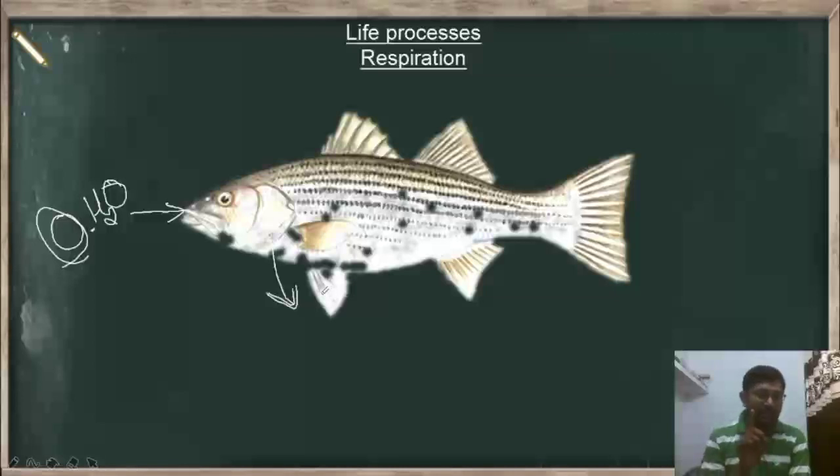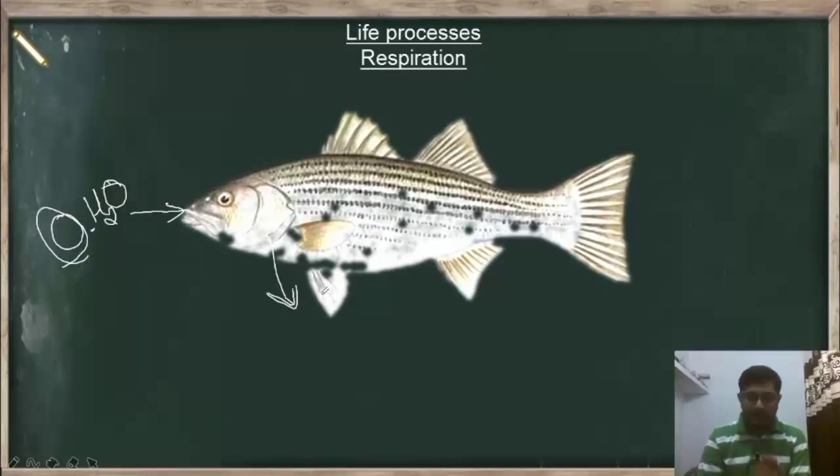As you can see in any videos of fishes, continuously they open and close the mouth because the rate of respiration is somewhat fast in fishes. The reason is that the amount of dissolved oxygen is less, and to get a high amount of oxygen they must increase the rate of respiration.